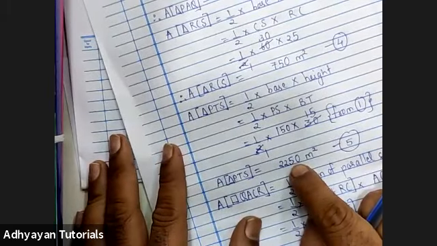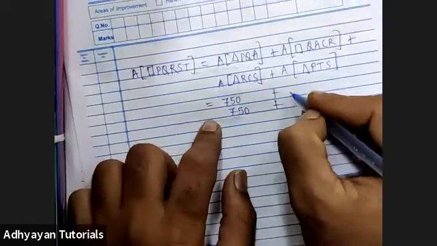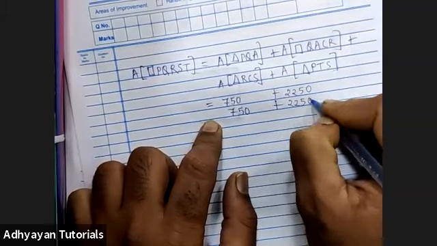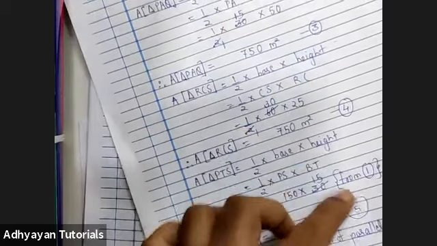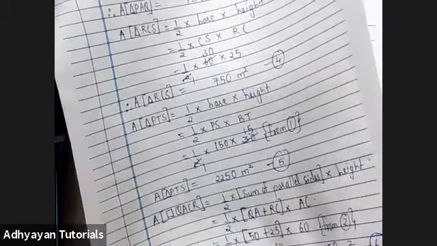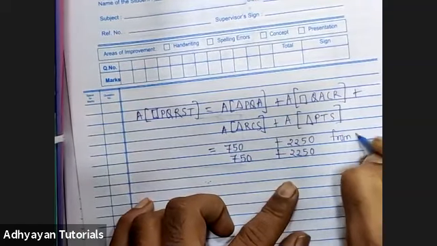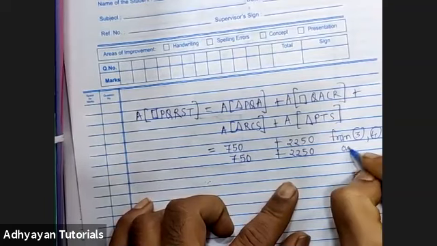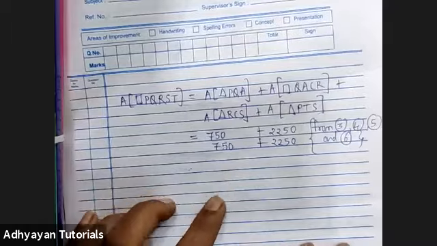The other triangle is 2250 and the quadrilateral is 2250, and those were from equations 3, 4, 5, and 6. I hope that is clear.